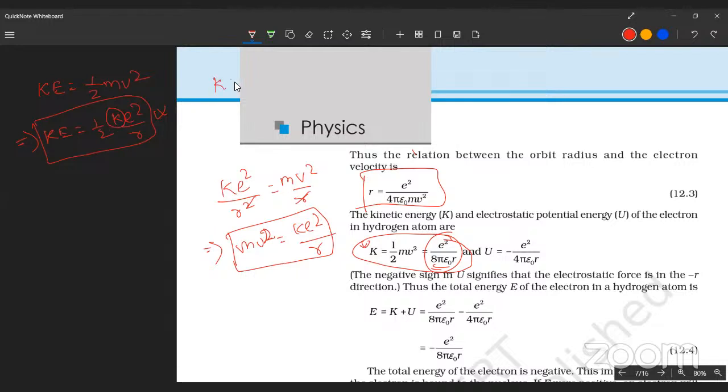The value of k is 1 upon 4 pi epsilon naught. So we can write half times 1 by 4 pi epsilon naught, e square by r. In the denominator, 2 and 4 are multiplied. That's why 1 upon 8 pi epsilon naught e square by r. This is the kinetic energy.